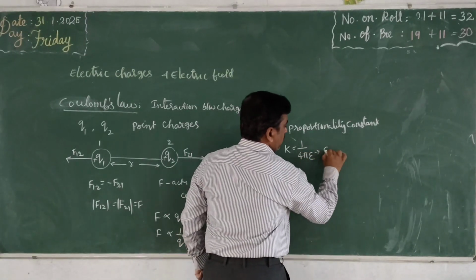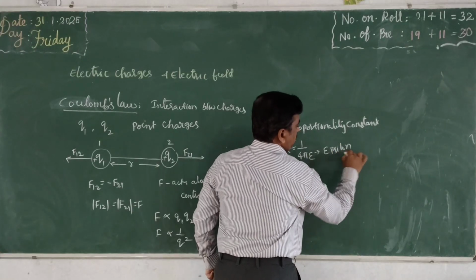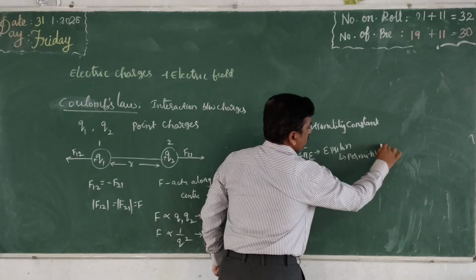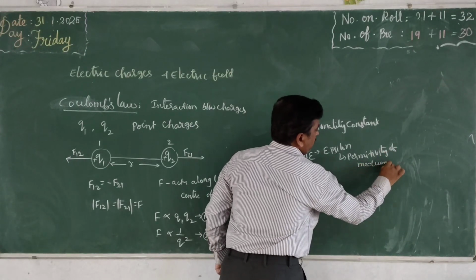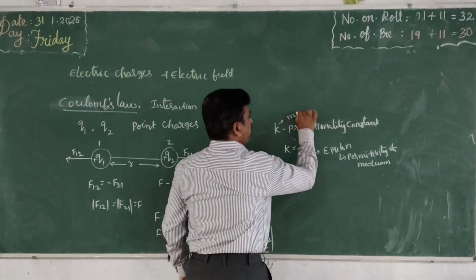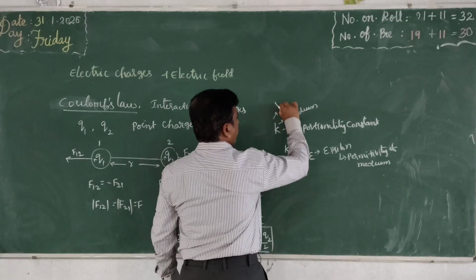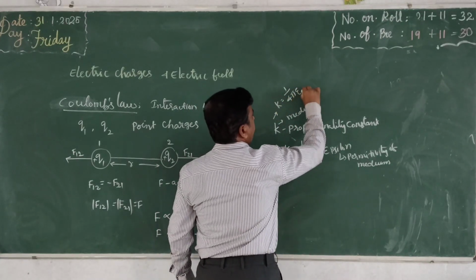Here epsilon means permittivity of the medium. This k value depends on the medium. When the medium changes, this k value changes. For free space, k is 1 by 4 pi epsilon naught.